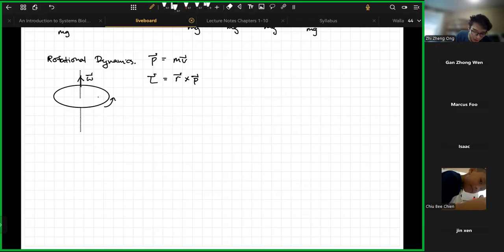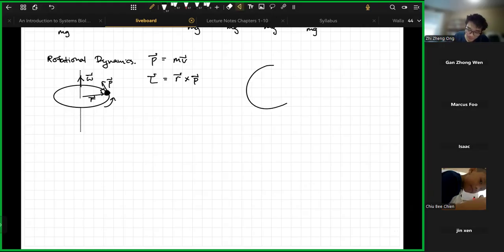Suppose you have an object of mass m in circular motion around this axis. The black line is just its orbit, just a trajectory. So you would see that this is r, this is p. Just imagine that it's in the page.